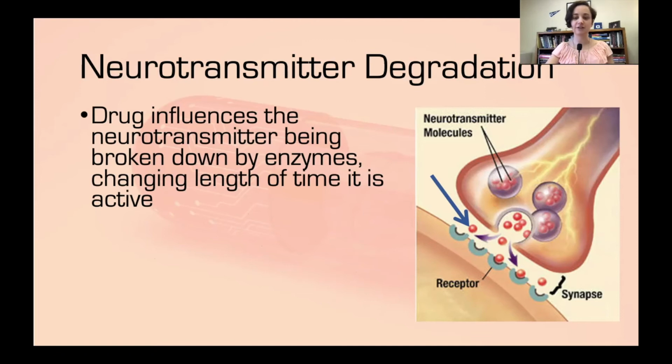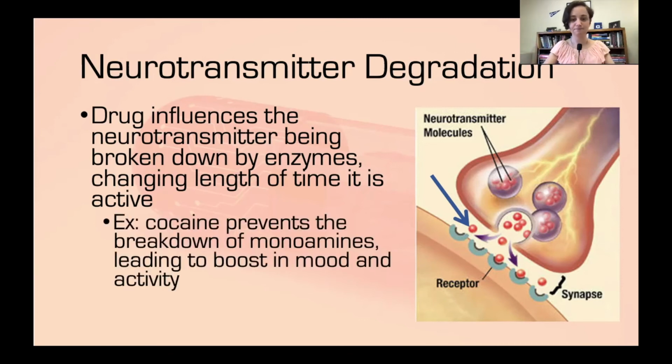Neurotransmitter degradation is basically the cleanup process, where the presynaptic cell releases enzymes, and there are enzymes floating around in the fluid of the synapse. I'm oversimplifying here, but hopefully you get the idea. Those enzymes find stray neurotransmitter molecules floating around, break them down, and reuse the materials that went into the neurotransmitters.